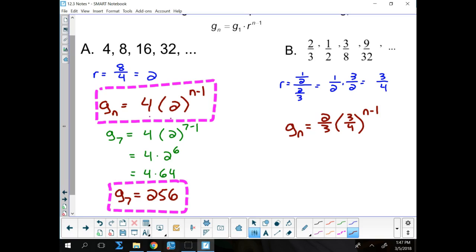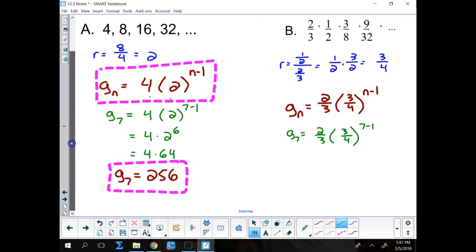So then when I go to find the 7th term, that's going to be 2/3 times 3/4 to the 7 minus 1 power. 7 minus 1 is 6, so that's 2/3 times 3/4 to the 6th power.